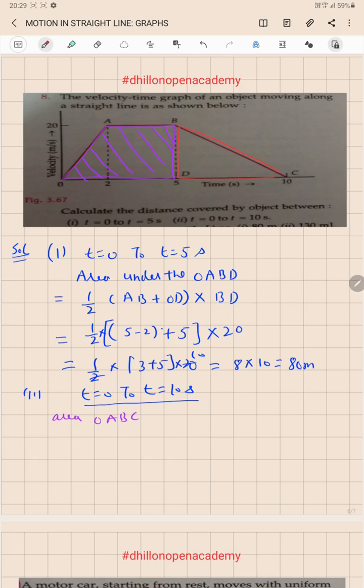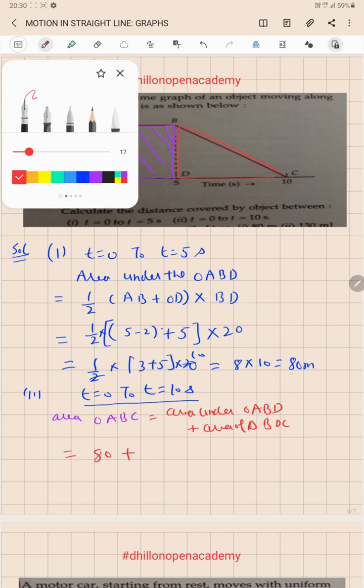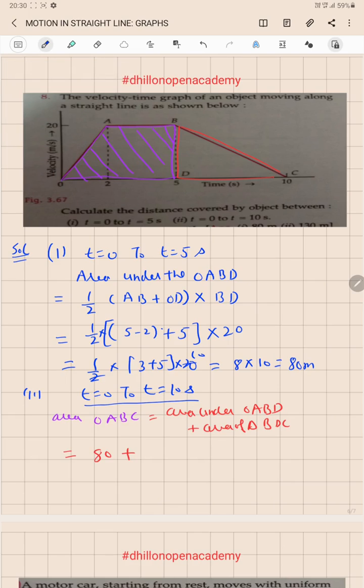So area under OABC is equal to area under OABD plus area of the triangle BDC, which is equal to 80 plus what will be the area of the right angle triangle BDC?